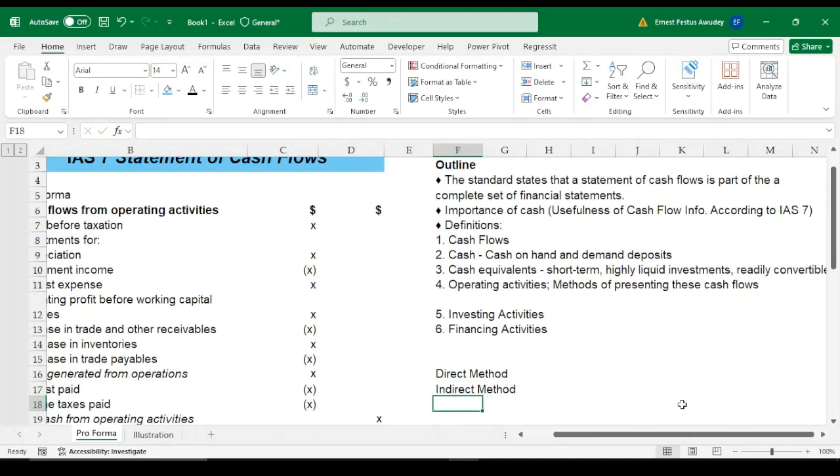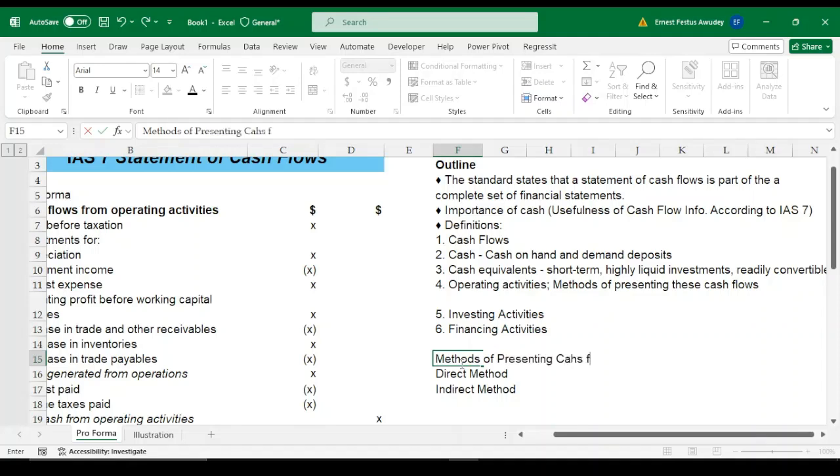Even though the standard permits the use of either of the two methods, remember these are the methods of presenting cash flows from operating activities.